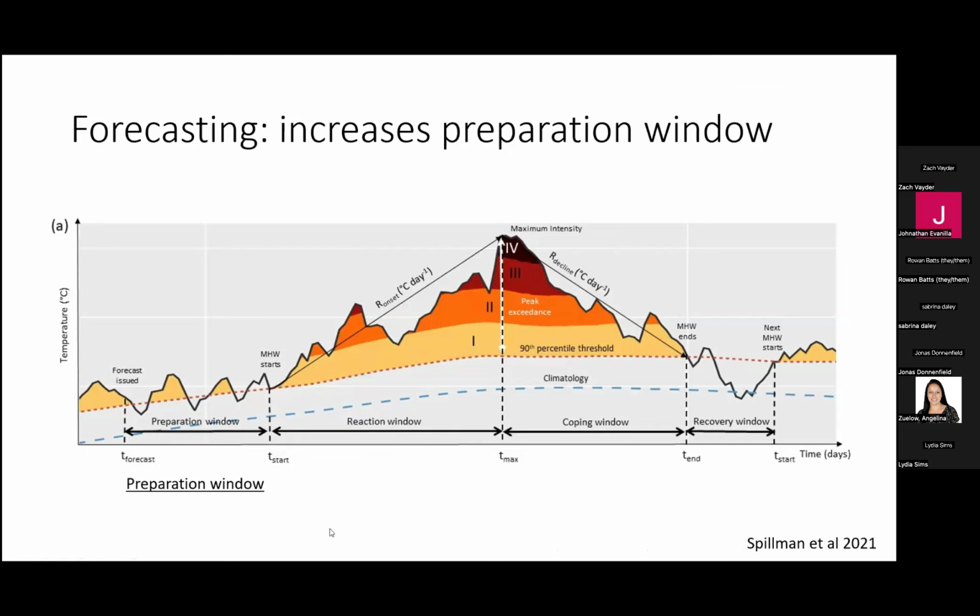If I'm growing fish in an aquaculture cage that's going to get hot, I could choose to harvest the fish early. I could change their food mix. I might even be able to move the fish cage to a cooler area where there's more upwelling. And so depending on how long your forecast is, you give people a whole bunch of options in responding to marine heat waves.